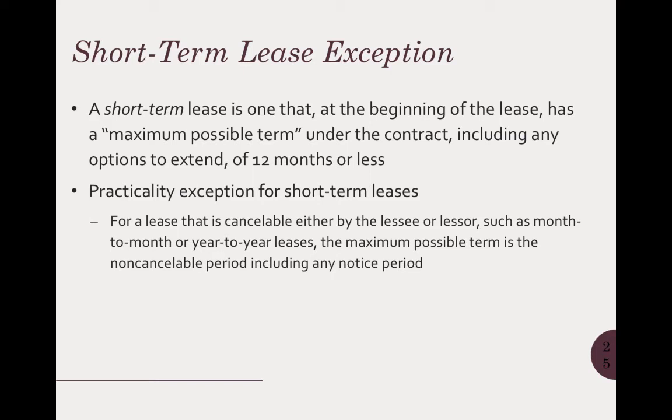They'd both be short-term leases, and this is structured pretty well to make it clear that you can't do that. That when you evaluate everything that is involved in the terms of the contract, you will have a lease term that is 12 months or less, or it's going to be subject to all of the provisions of Statement 87.